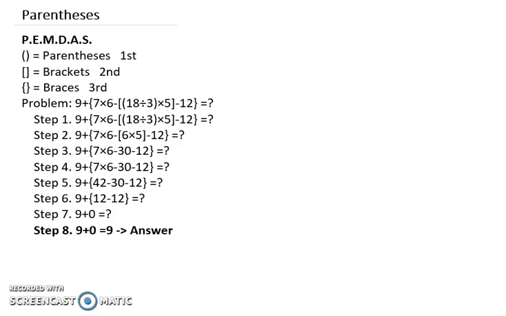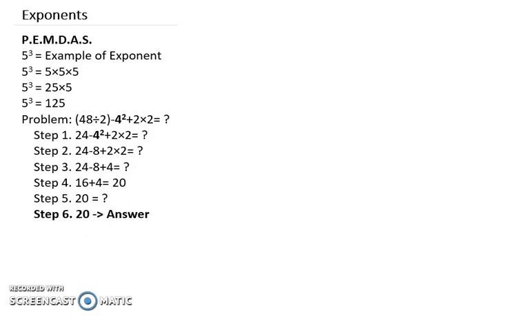Now you move on to the second letter of PEMDAS, which is exponents. 5 to the third power, that's how you say it when you see this exponent, is an example. When you do 5 to the third power, the whole number, which is not miniaturized, is what you're going to multiply by, and the small number is how many times you're going to multiply it.